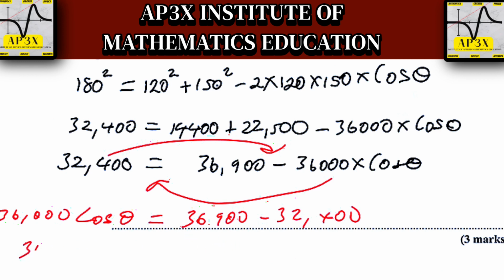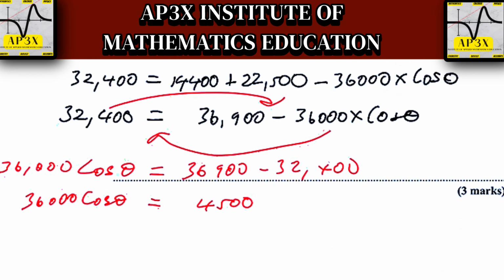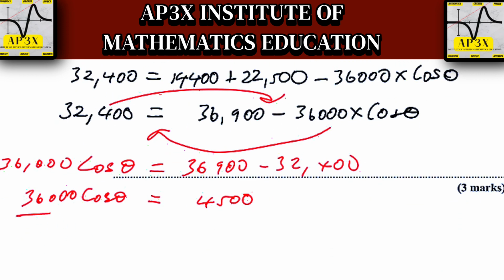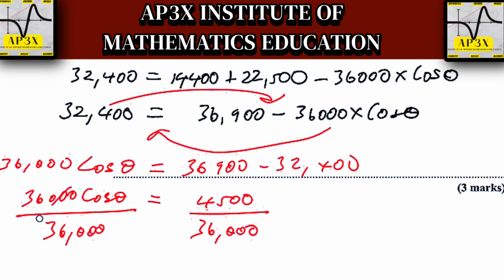So 36,000 cosine theta equals 4,500. If we divide both sides by 36,000, the 36,000 cancels on the left, and cosine theta equals 0.125.